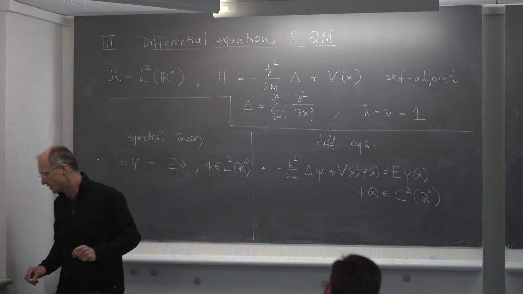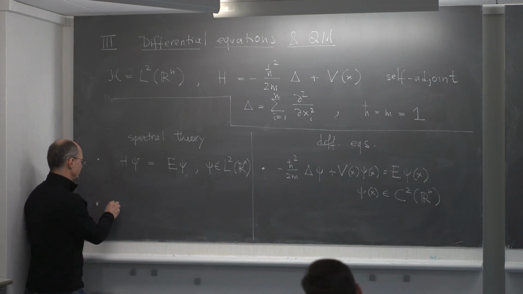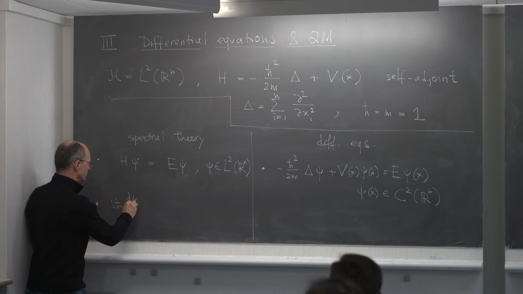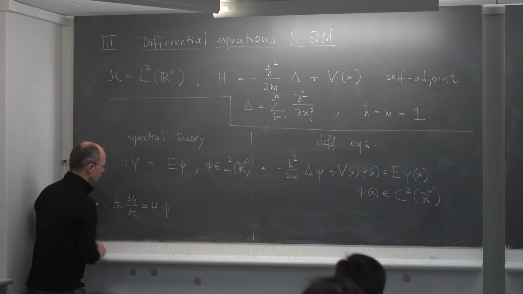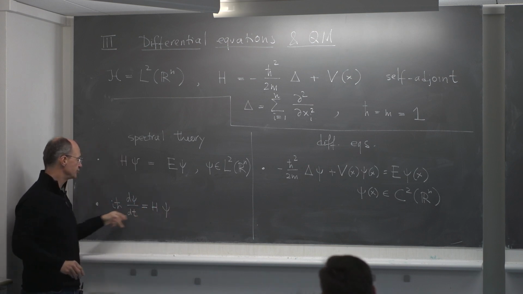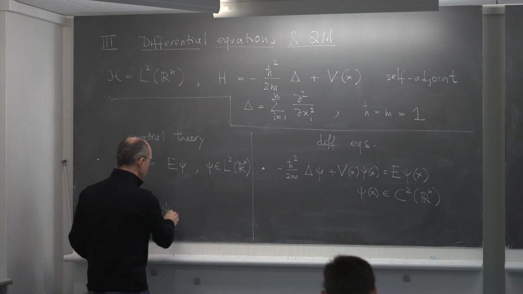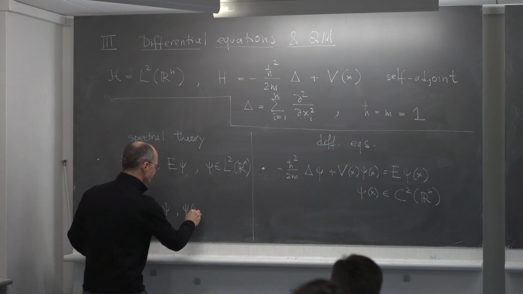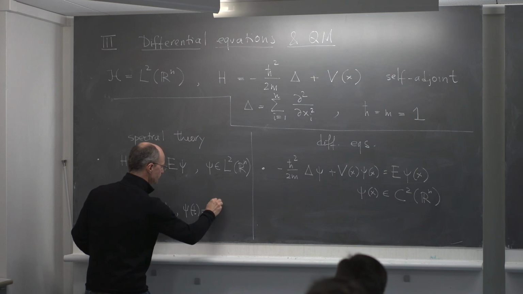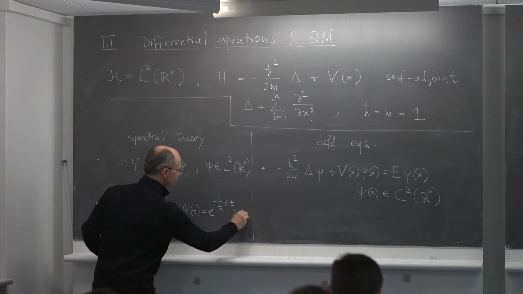So the other equation that we're interested in is the evolution equation. So the evolution equation looks as follows. Again, psi should be in the domain of definition of H, or we can actually think of solutions, psi of t equal to exponential minus i over h bar, Ht, psi of 0.